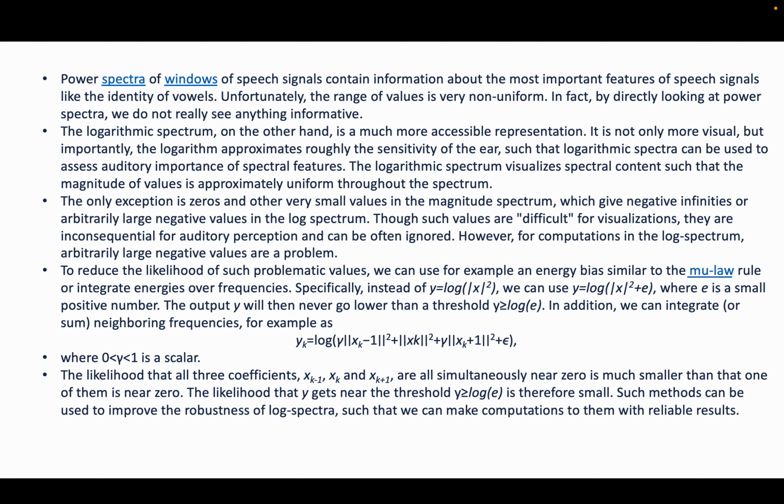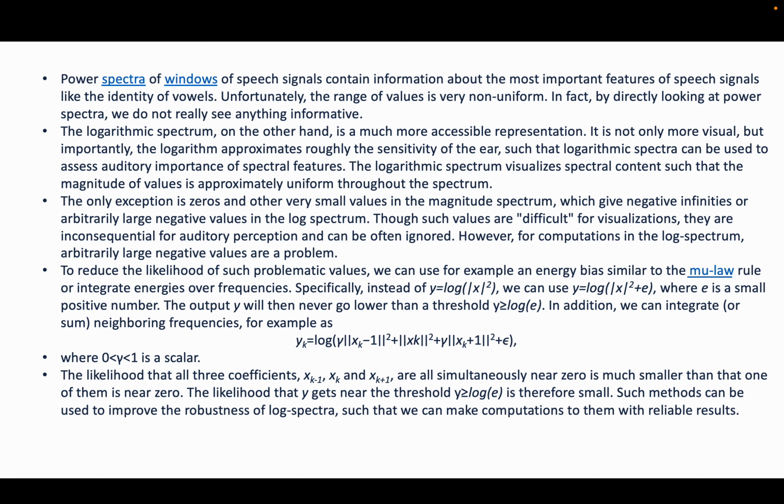It's more visual. It approximates the sensitivity of the ear. And so the logarithmic spectrum can be used to assess the auditory importance of spectral features. The logarithmic spectrum visualizes spectral content such that the magnitude of the values is approximately uniform throughout the spectrum.